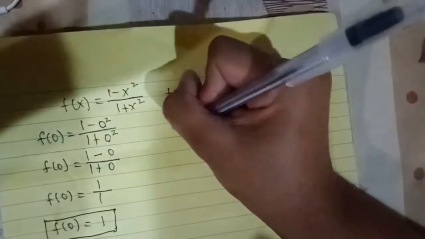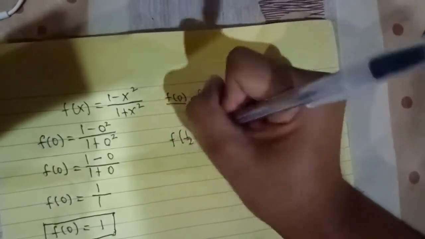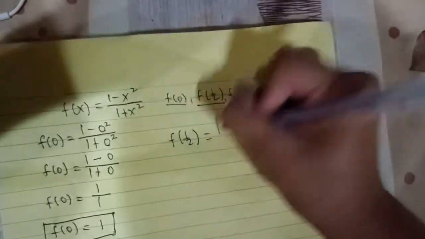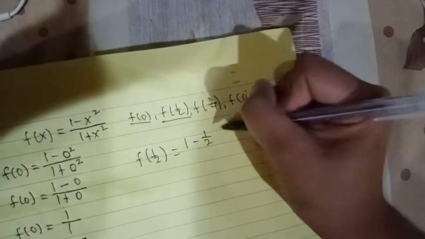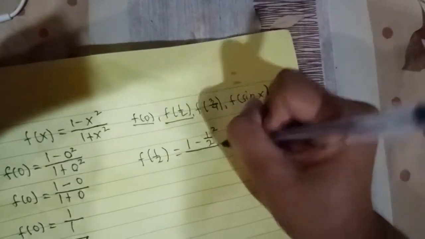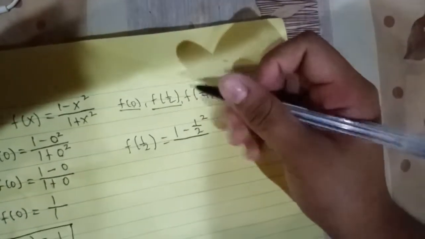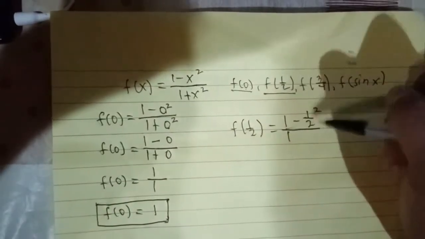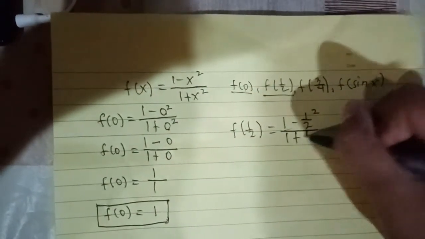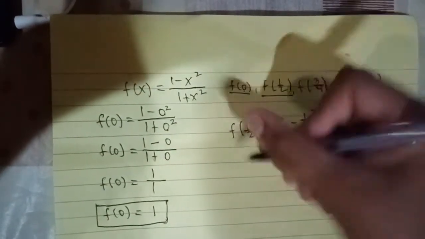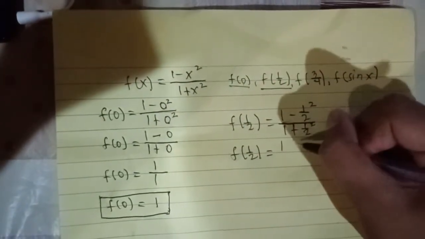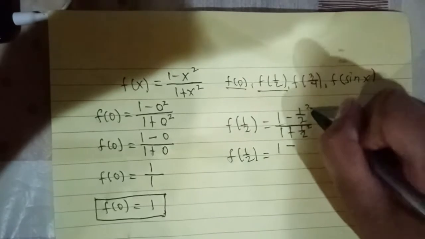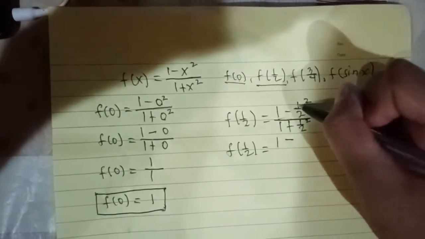So f of 1 half is equal to 1 minus 1 over 2 squared over 1 plus 1 half squared. So f of 1 half is equal to 1 minus, distribute the 2 to the numerator and denominator.